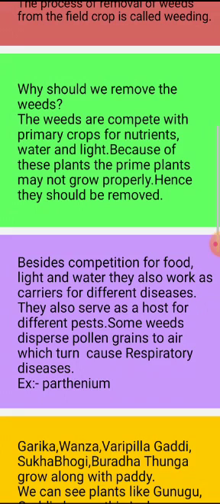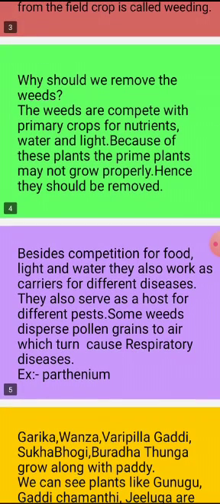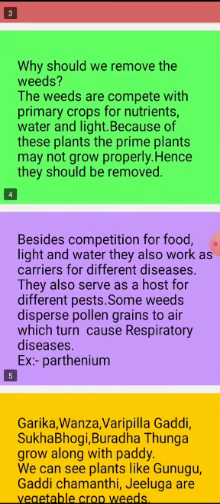Because of these plants, the prime plants may not grow properly. Whatever we apply to the fields, the weeds receive the nutrients and water, and they also compete for space and light. That's why the main crop plants do not grow properly. Hence, they should be removed.